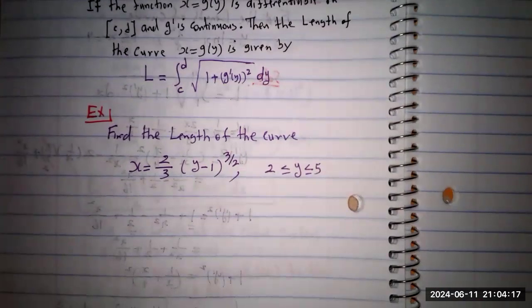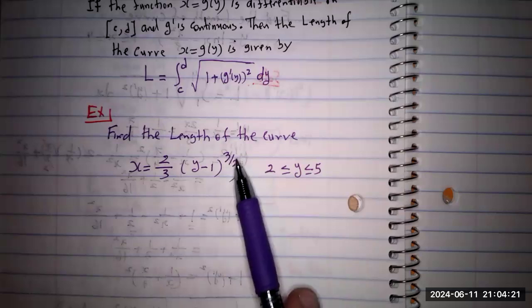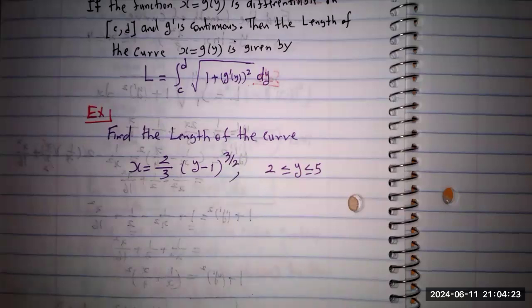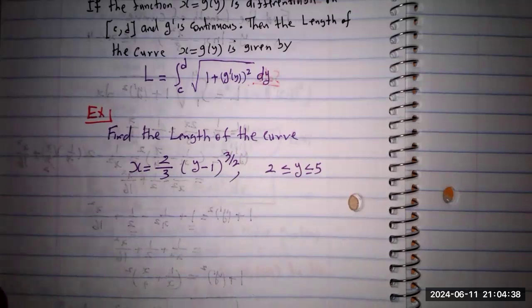Of course, you can change it if you like. You can raise both sides to the power of 2/3 and find y, but you better leave it as is. So you realize that you are going to integrate with respect to y this time.